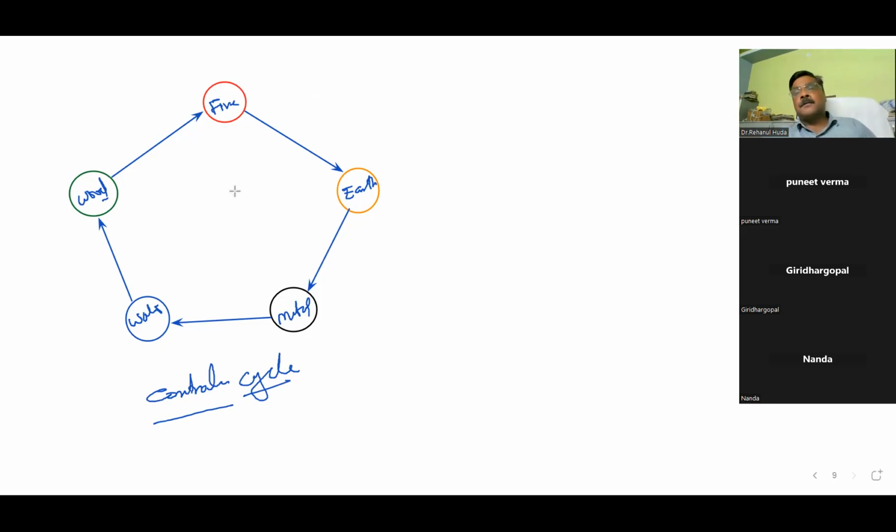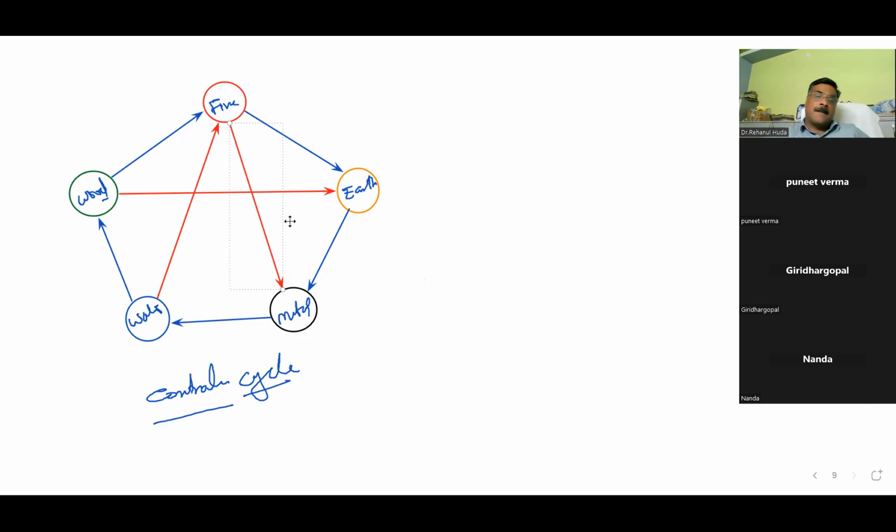If fire is more, then who will control fire? Water will control fire. If earth is more, who will control earth? Wood will control earth. If metal is more, who will control metal? Fire will control metal.